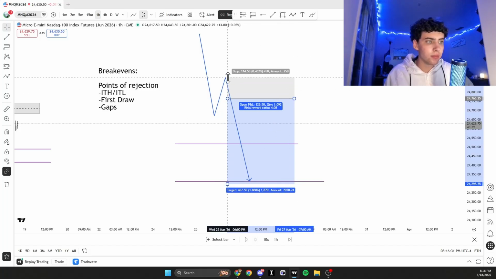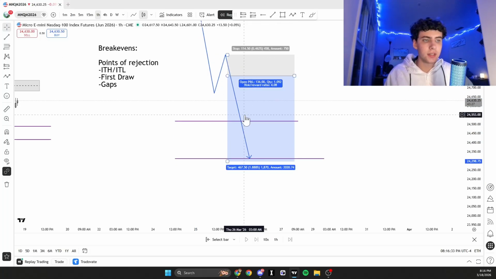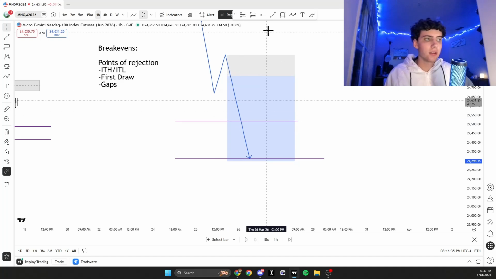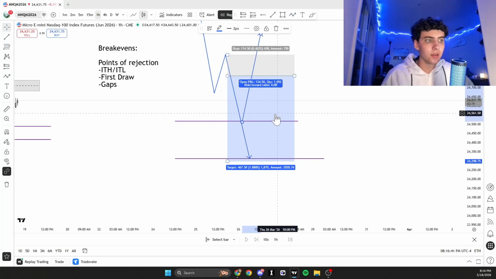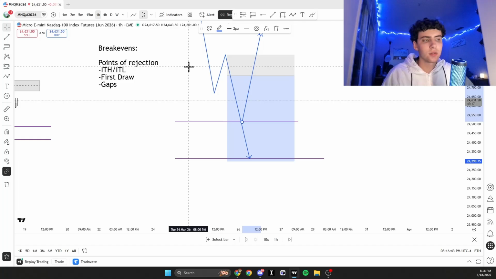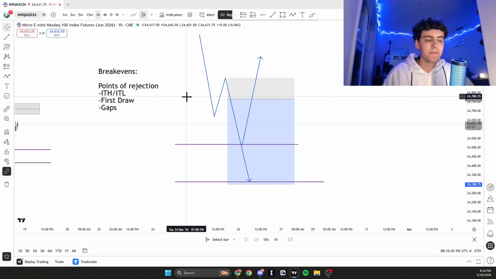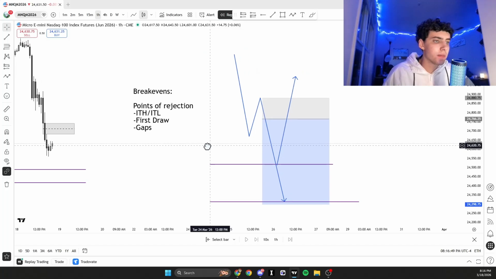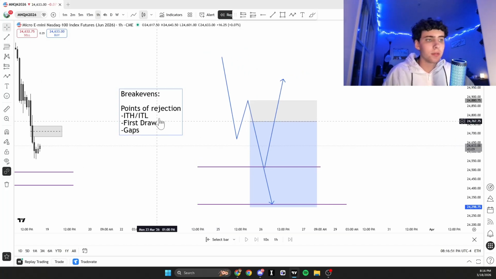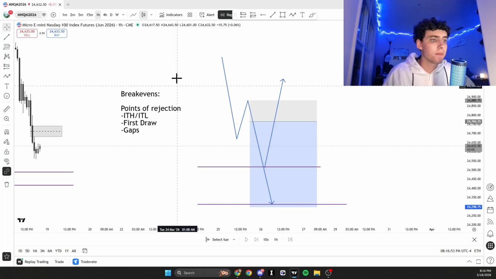I might move my stop to break even once price actually takes the first draw, because in theory we could get a liquidity sweep, and instead of continuing to my main draw on liquidity, we could just reverse off of this draw right here. And it's kind of similar to an internal high or low, but not exactly. And then gaps, I can show you guys in a minute. I'm going to give an example on the charts for all of these. So let me go get some examples ready for you guys.